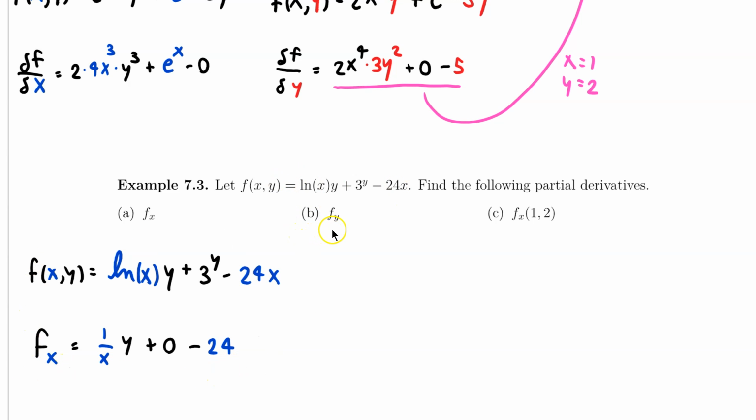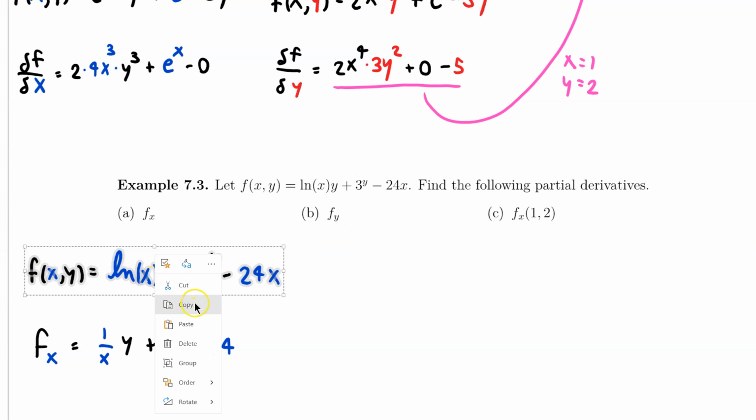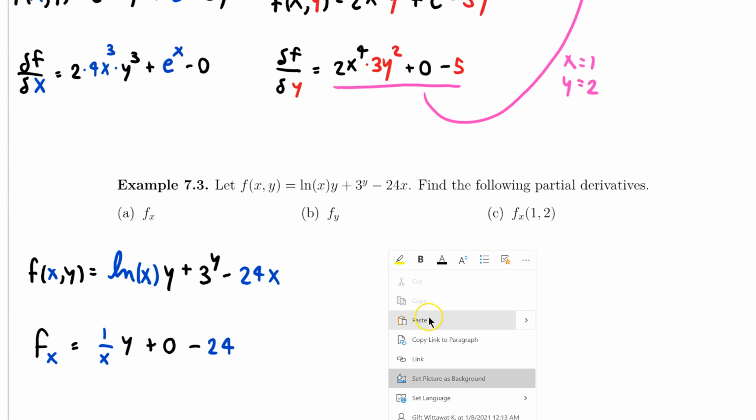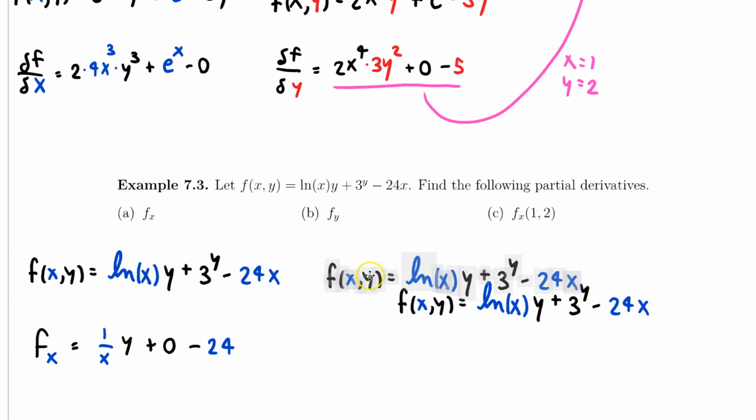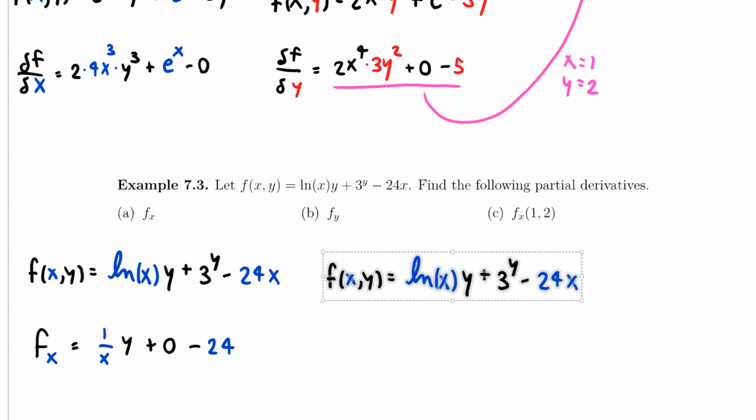So now let's do it again with respect to y. Let me once again copy and paste this thing. Let me make it black. And now I would like to take the derivative with respect to y.